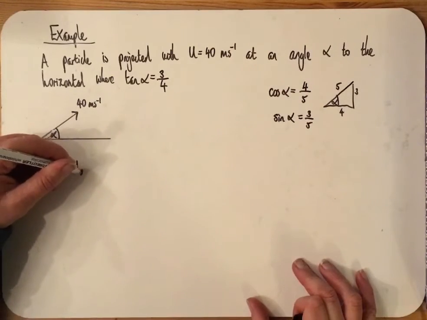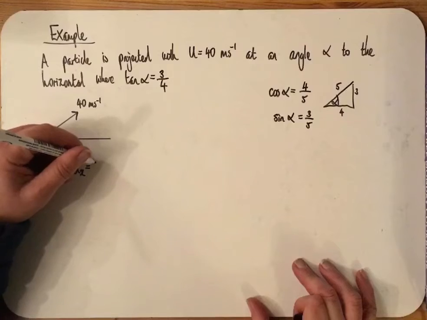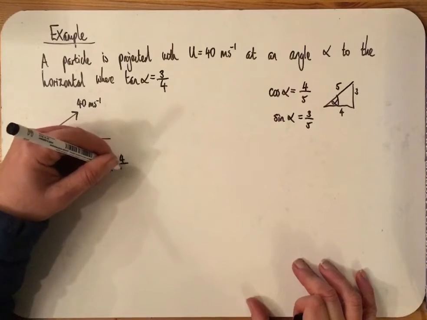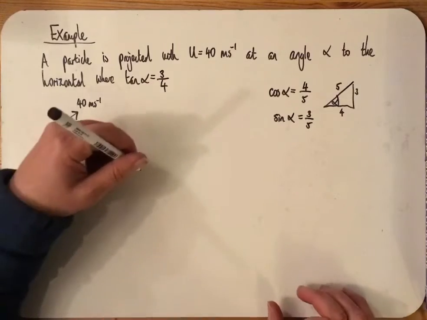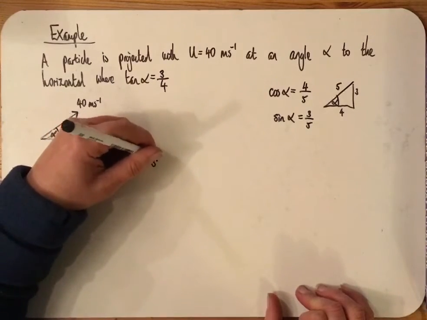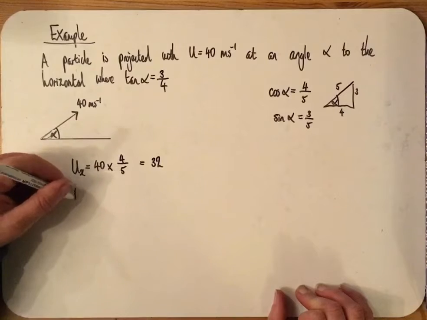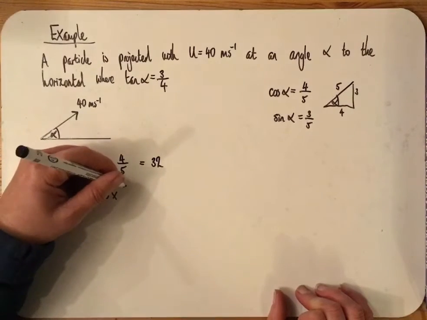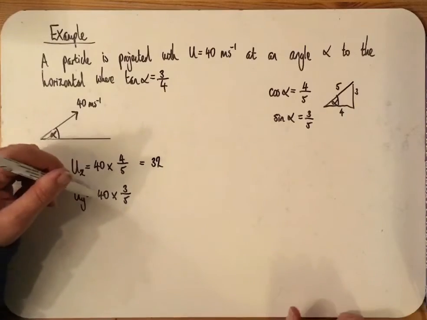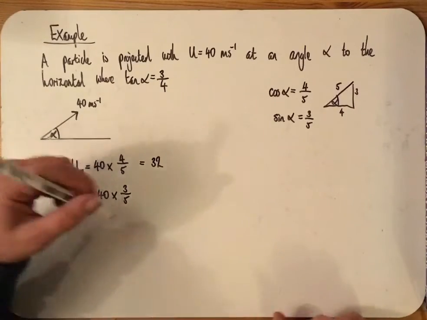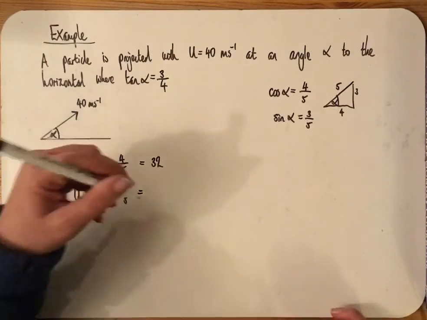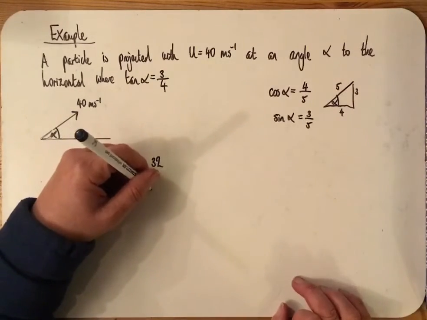So the horizontal component on this one would be 40 times cos alpha, so 40 times 4/5, which gives you 32, and the vertical component is 40 times 3/5, so it's 40 sine alpha for the vertical component, because you're wanting the opposite, and that's equal to 24.